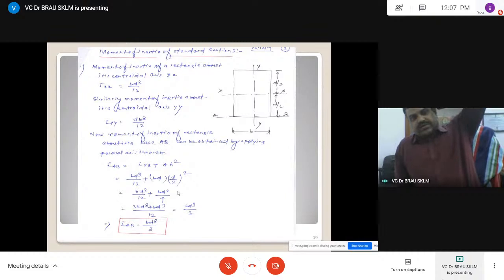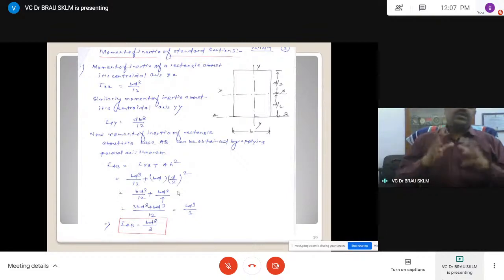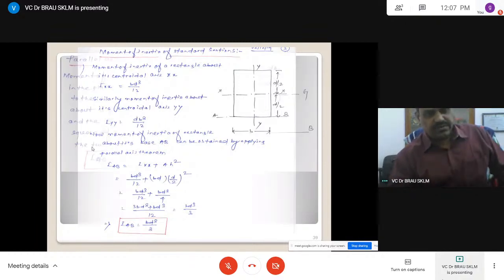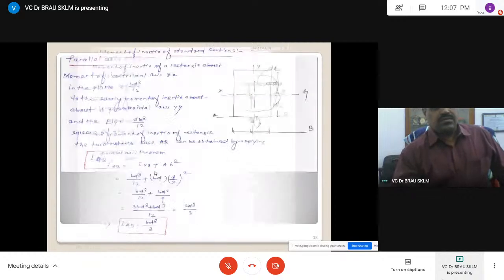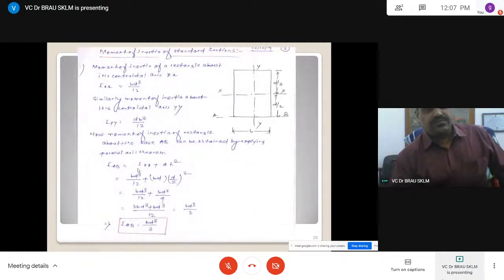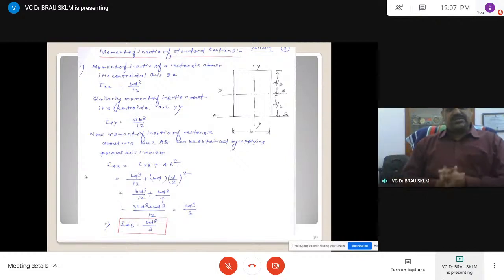And you add this to the moment of inertia passing through the centroid. Once we know the moment of inertia about one axis, the other axis can be determined. If this is given and I want to determine the other, you put minus AH square. Like that, the transformation can be done from one point to the other point.